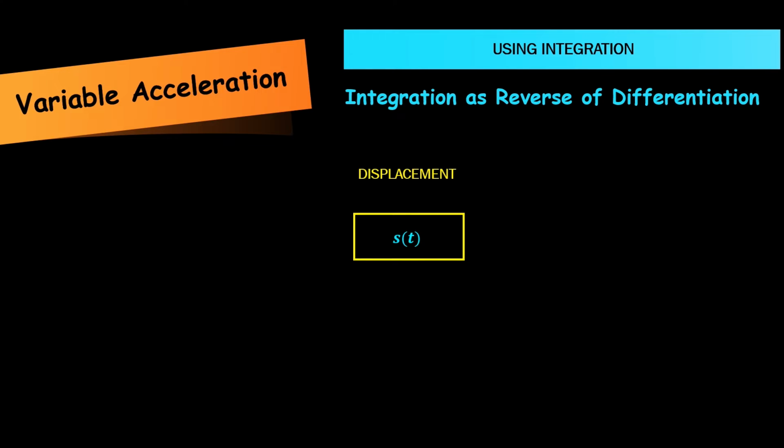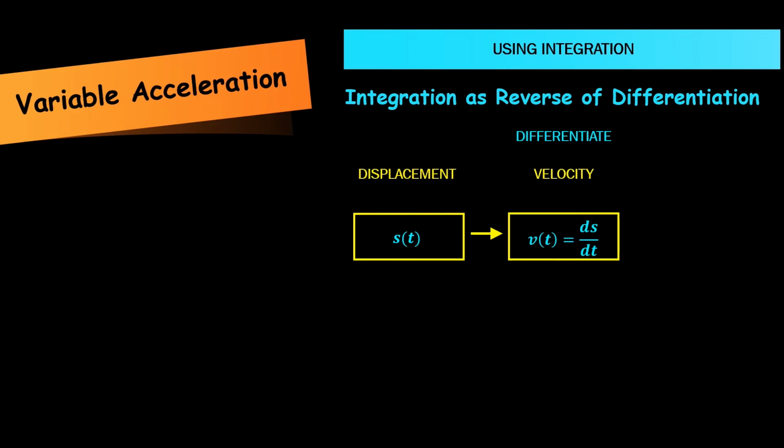So if we begin with displacement s of t, we differentiate to obtain velocity v of t, or this can of course be expressed as ds dt. And if we differentiate again, this can either be written as dv dt or d2s dt squared, and this is of course the acceleration a of t.